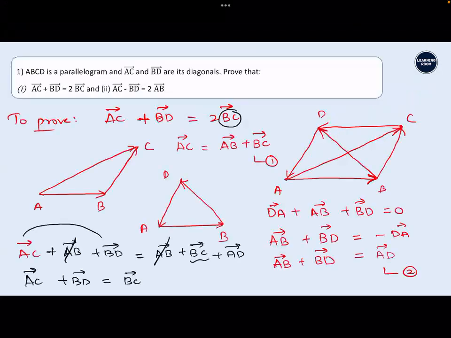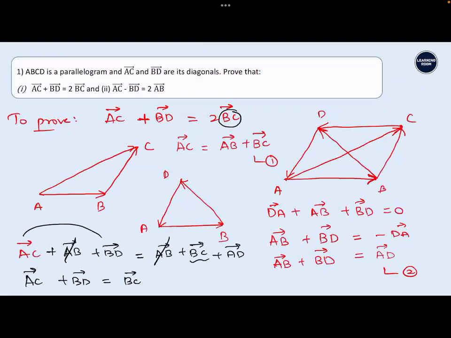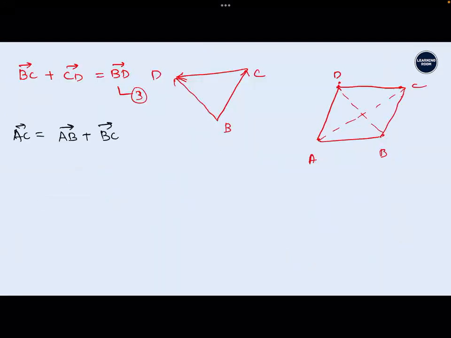The first expression is AC vector is equal to AB vector plus BC vector.